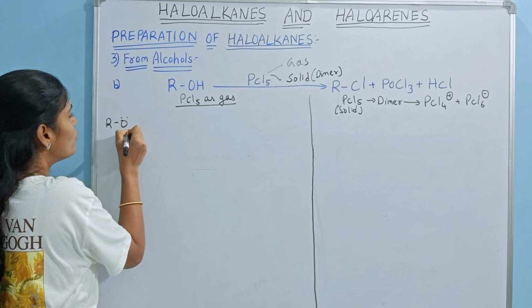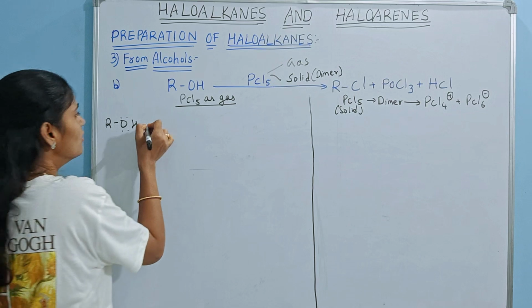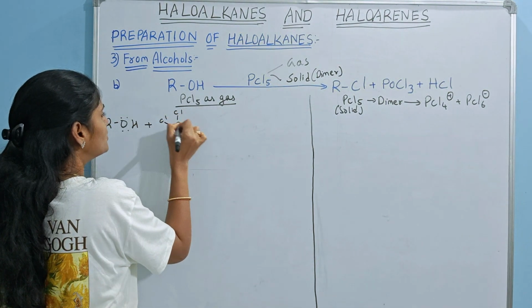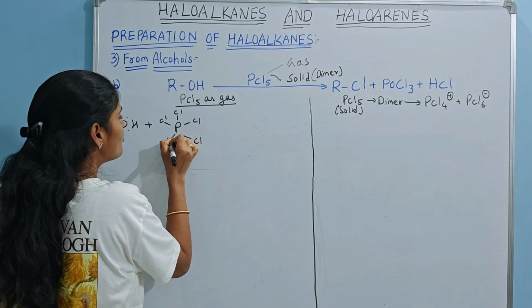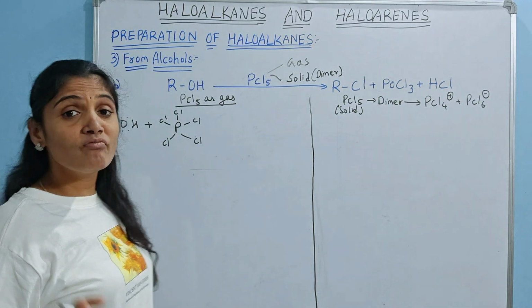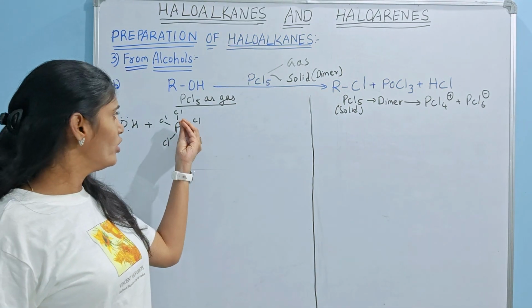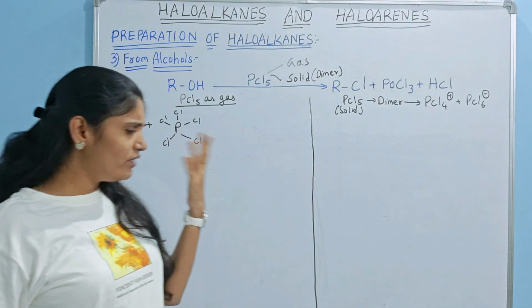ROH, alcohol: you know oxygen is there with two lone pairs of electrons on it, plus PCl5, the normal PCl5. Now when we talk about PCl5, phosphorus is surrounded by 5 chlorine atoms, and chlorine is a highly electronegative atom, so chlorine will try to pull the shared pair of electrons more towards itself.